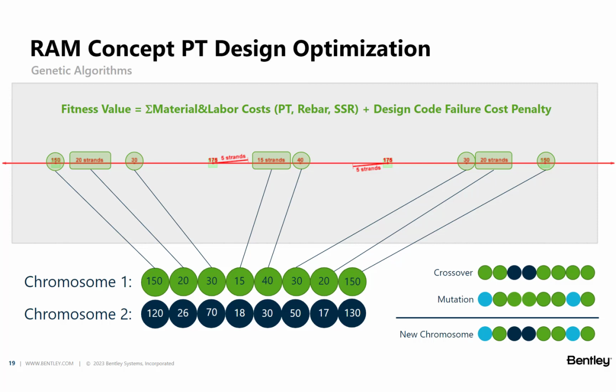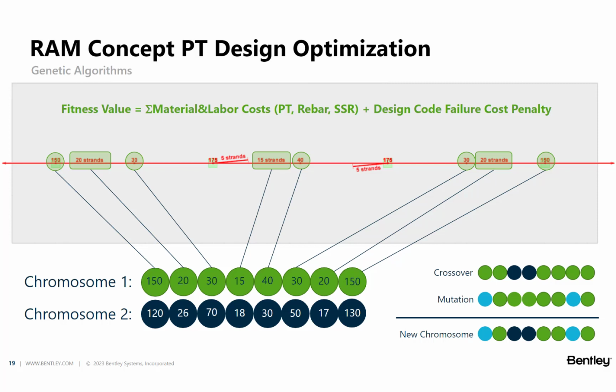The genetic algorithm starts off with an initial population of chromosomes, which are randomly generated. Then the algorithm uses crossover and mutation to create new chromosomes or possible solutions. And those 2 concepts are depicted graphically there in the lower right corner of the slide.